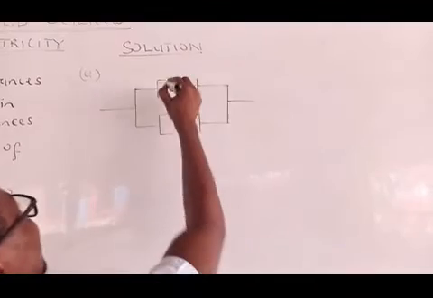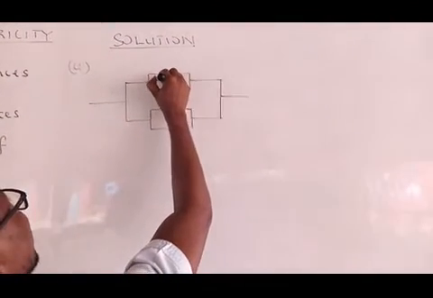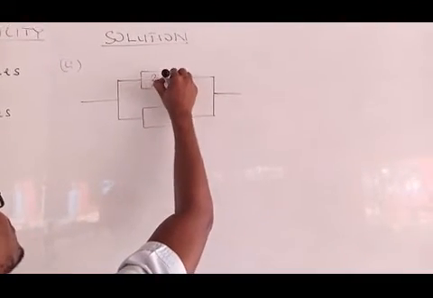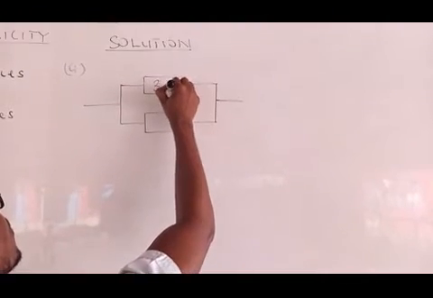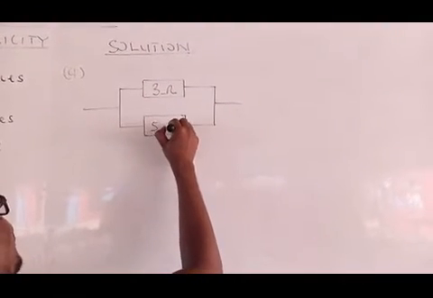So we have the power resistors, 3 ohms, and then we also have 5 ohms.